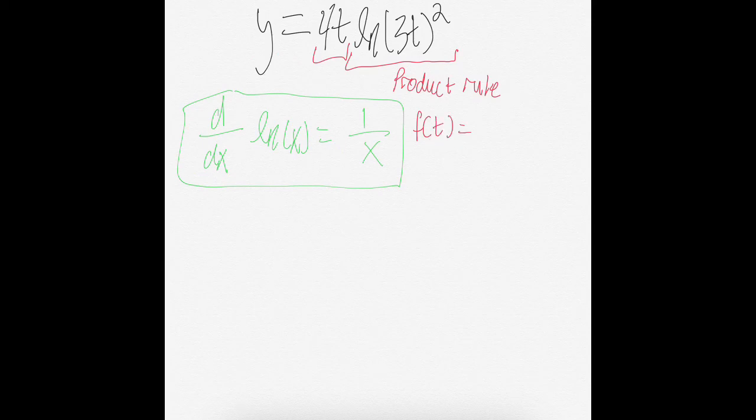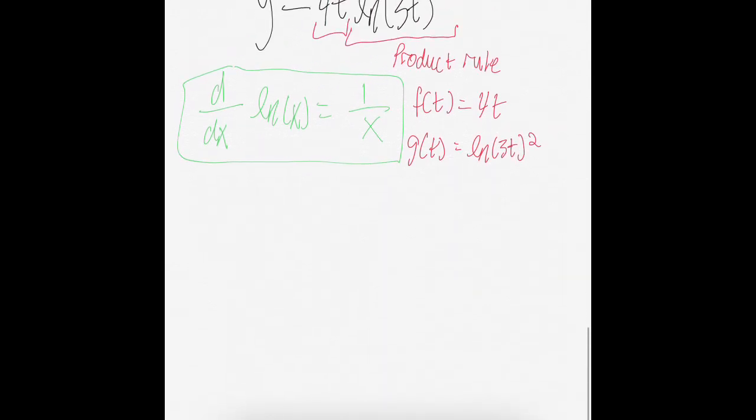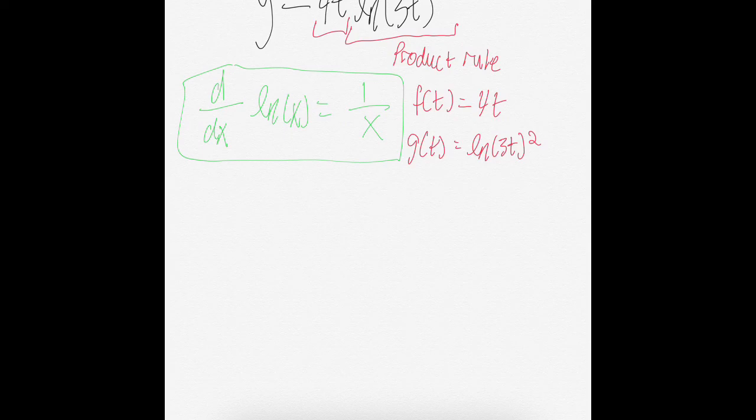Okay, so in using product rule, you can label them however you want. Let me call it f of t, seeing as t is our variable. I'm going to call f of t 4t, and I'm going to call g of t ln of 3t squared.